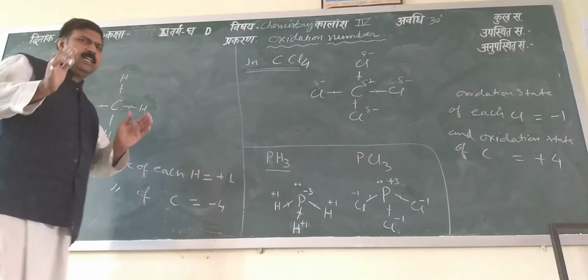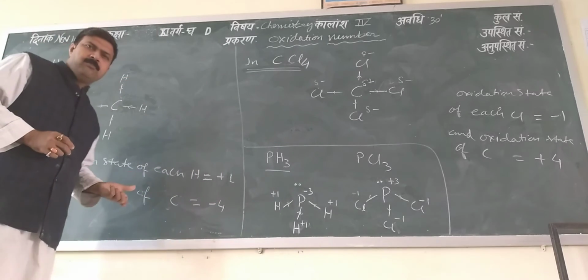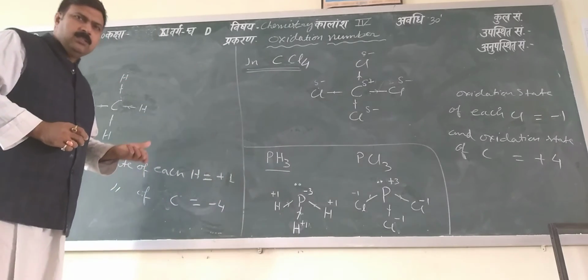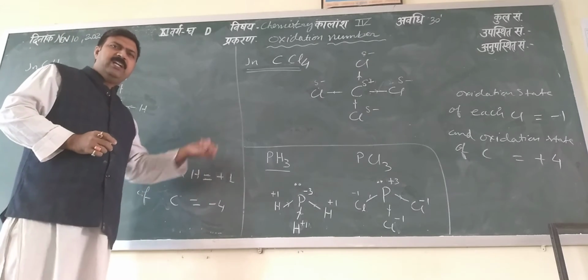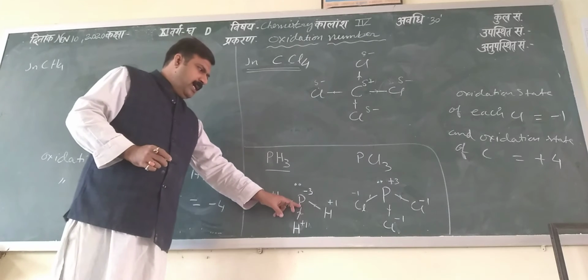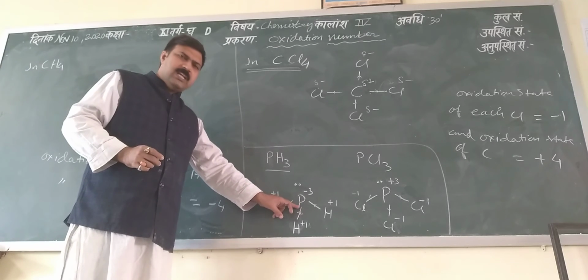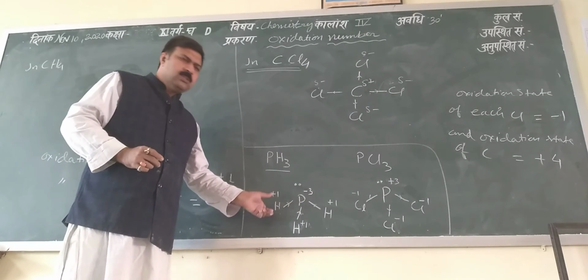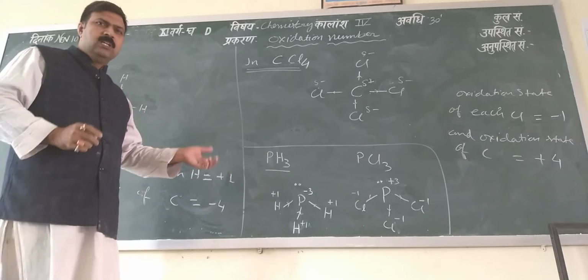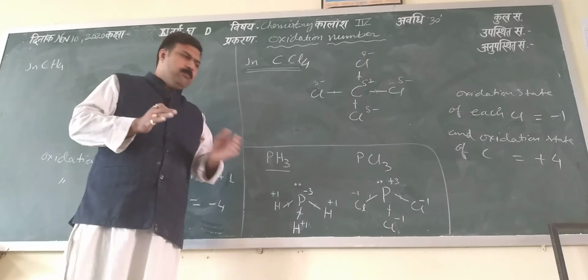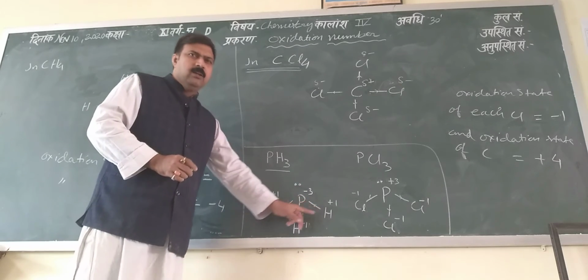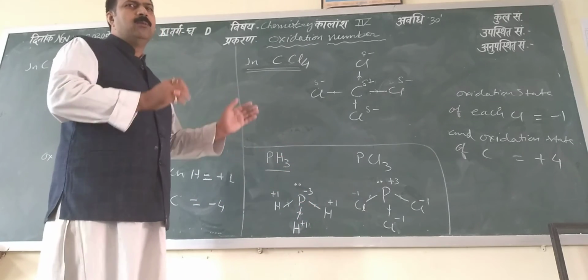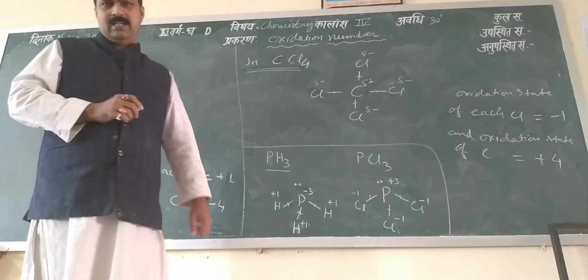So we can say that oxidation number is the formal charge which is assigned or predicted on the atom of each element in compounds according to the rule that if the bond breaks, the shared electron pair will transfer towards the more electronegative atom.